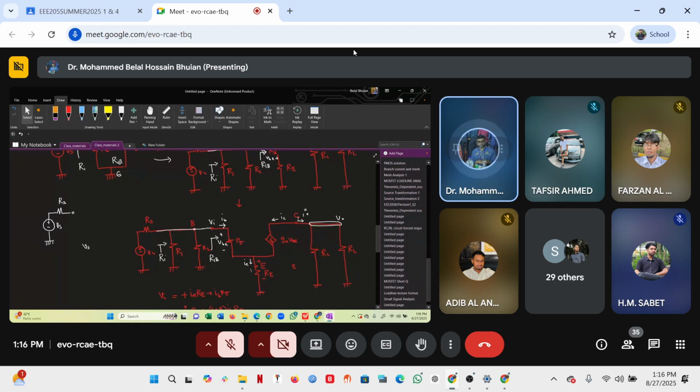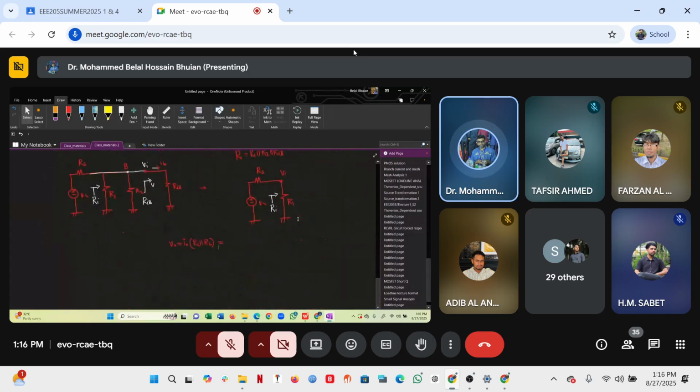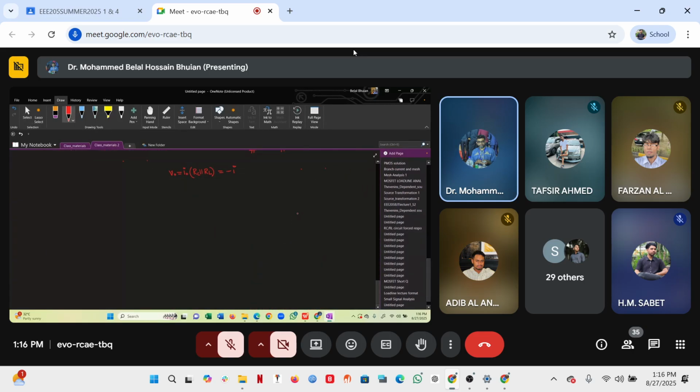So that's the same current but in the opposite direction. So I can write I naught as minus IC times RC parallel RL, and IC is gm VBE, so it is minus gm VBE RC parallel RL. So that is the expression for V naught.